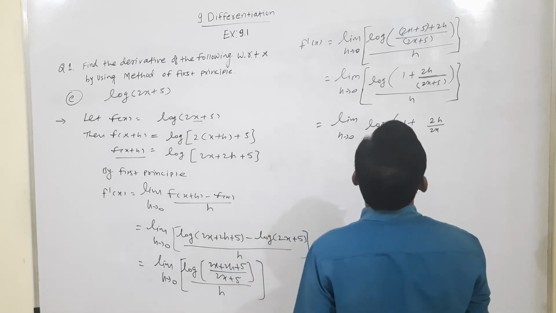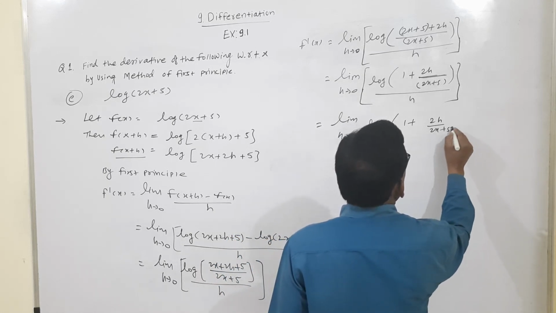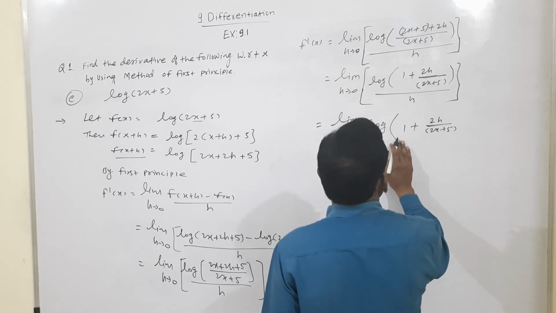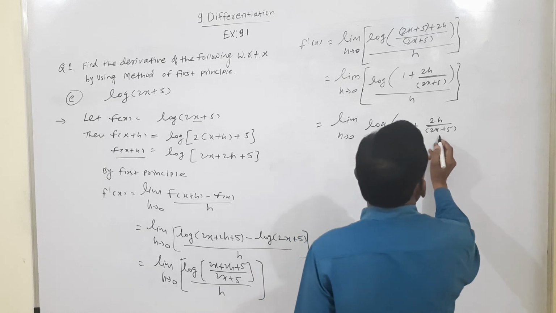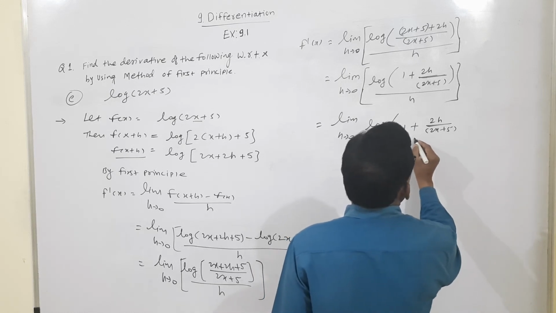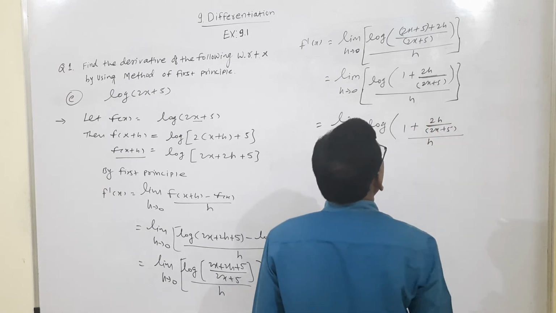So therefore here this log of 1 plus 2h upon 2x plus 5, divided by h. So we adjust this h.